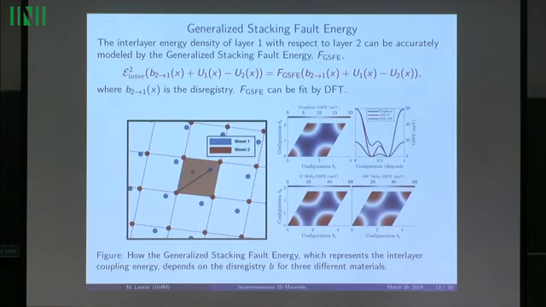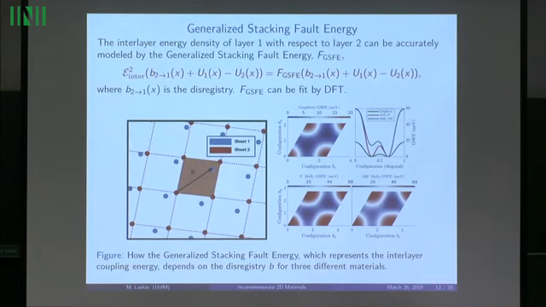Okay, and this is all over the place in mechanics. This generalized stacking fault energy, as you can imagine. Now it turns out that the generalized, so B21, this just means the energy of layer 2 with respect to layer 1.